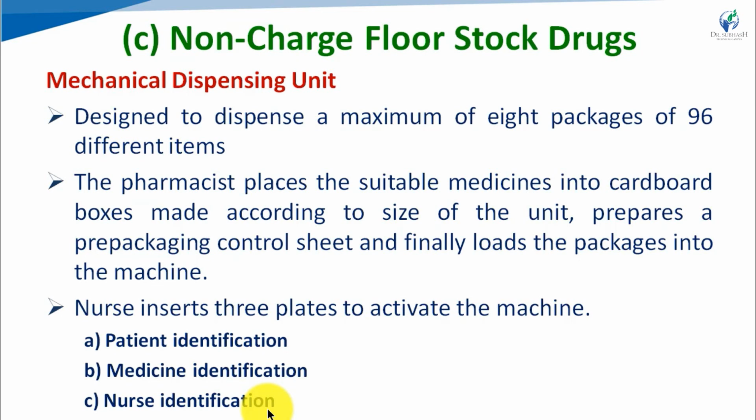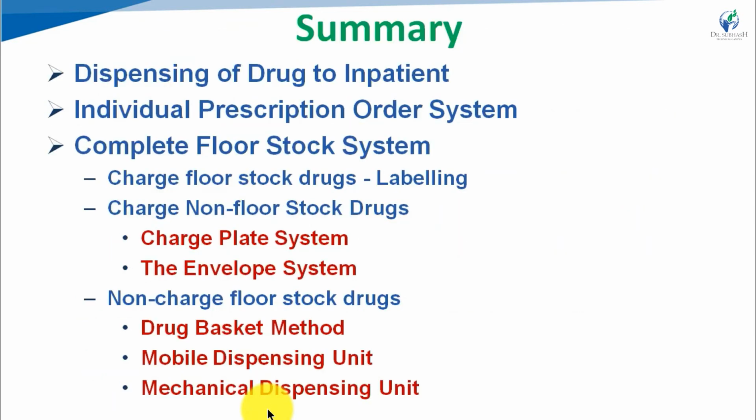Over here in this video, as a summary, we discussed the dispensing of drugs to inpatients. Then in inpatient we discussed the individual prescription order system. Then the complete floor stock system. In the complete floor stock system there are charge floor stock drugs, for which labeling is required.